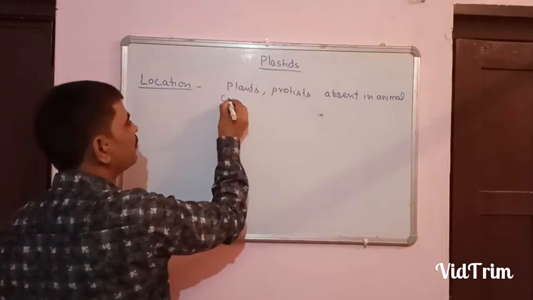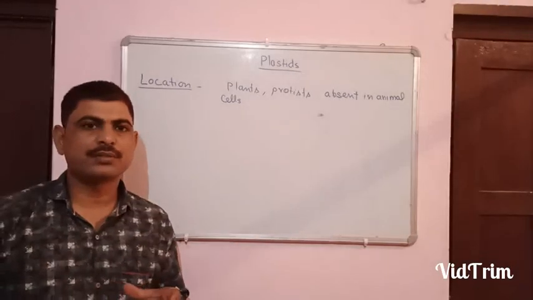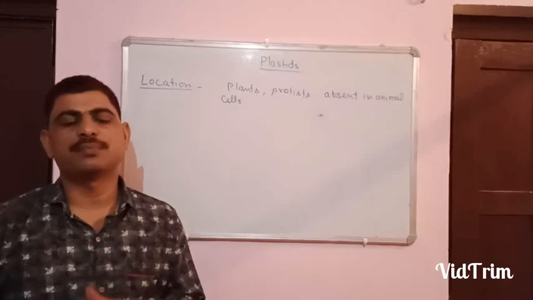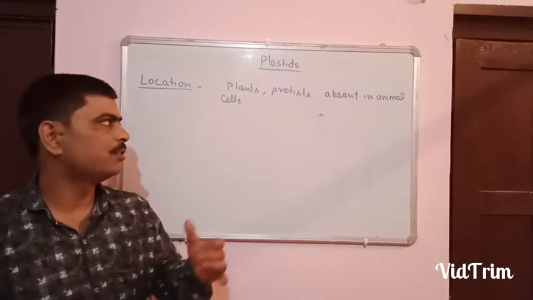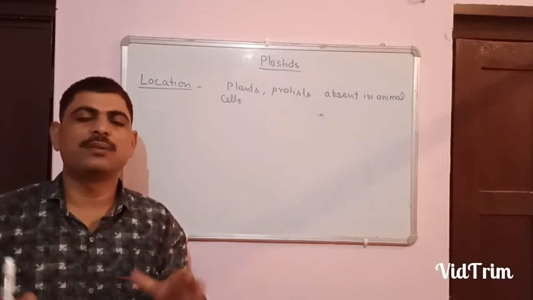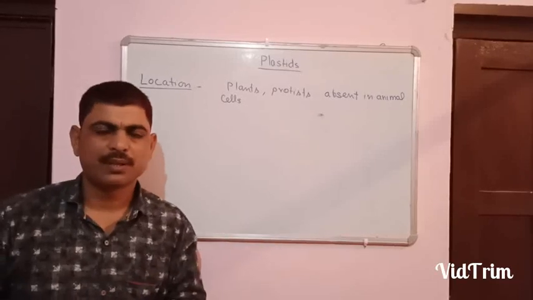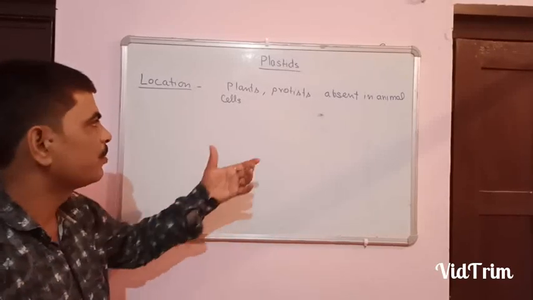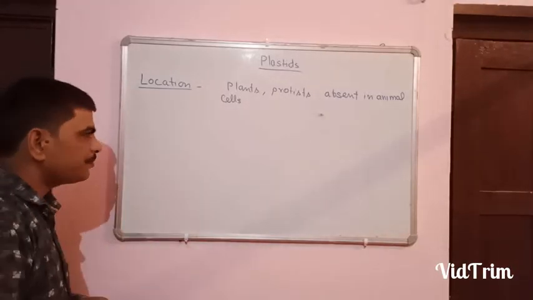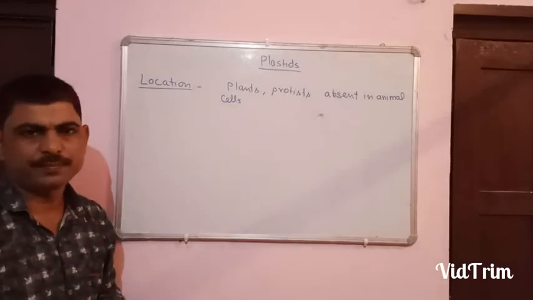They are present in plants and protists. Protist is a category. When you study classification later on, you will get that protist is a category. We classify all living organisms into different categories. Protist is one type of category of certain organisms. So they occur in protists and plant cells.